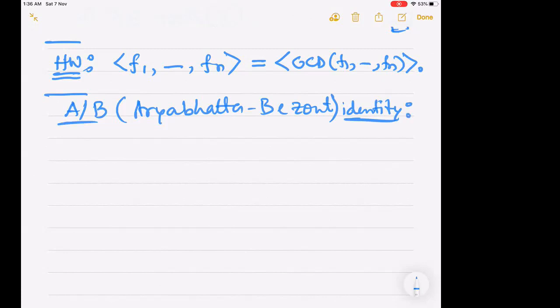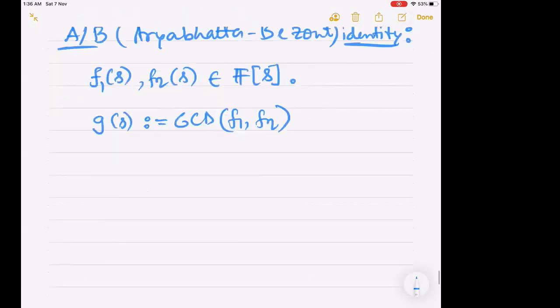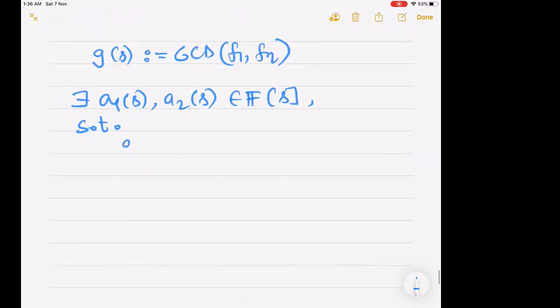It says that, say f1 and f2 are two polynomials, and suppose g is the GCD of f1 and f2. Then there exist polynomials a1 and a2 such that, getting rid of the arguments, g, the GCD, is equal to a1 f1 plus a2 f2.